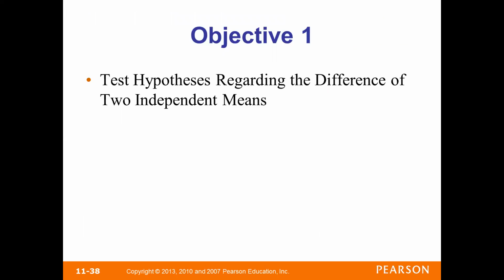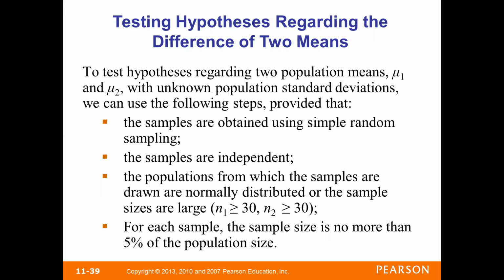So if we want to test a hypothesis regarding the difference of two independent means, then we do have some assumptions we need to worry about. One, that the samples are independent, that we have randomly obtained those samples, and that the populations from which the samples are drawn are normally distributed or my sample sizes are large, and that the sample size is no more than 5% of the population size.